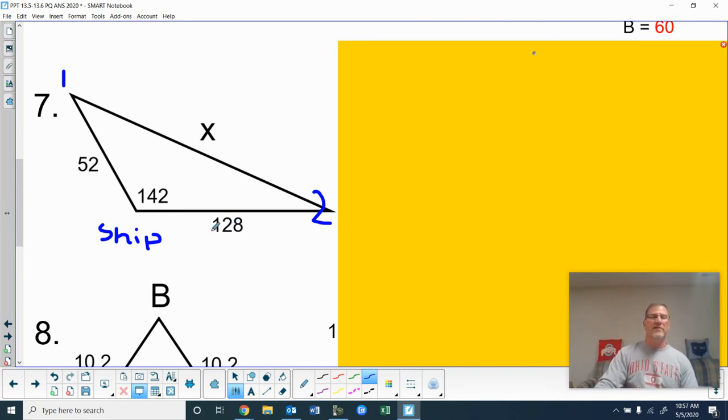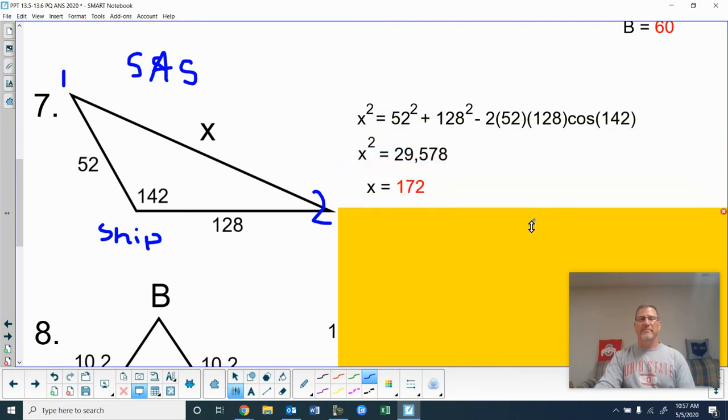Okay, I have a side angle side situation. That means it's a law of cosines problem. So we're going to use law of cosines. This will be on the left side of my equal sign, x squared equals, and substitute in.